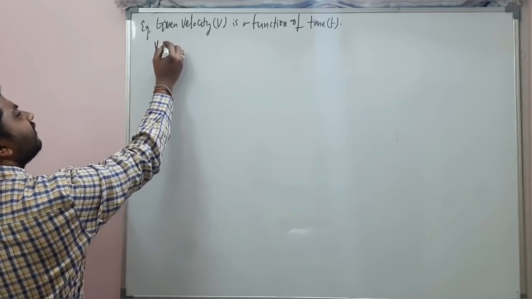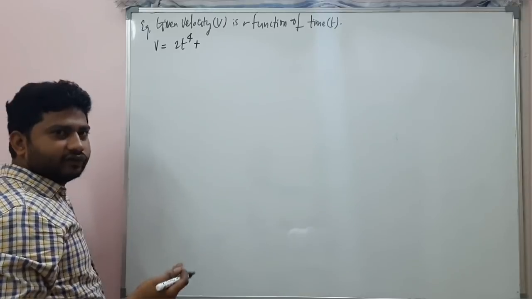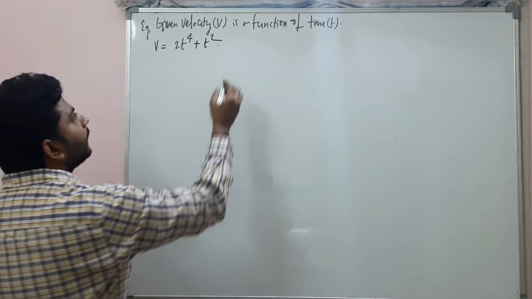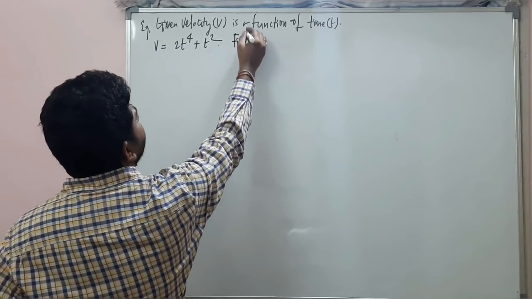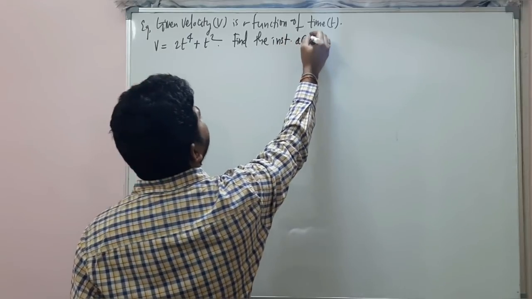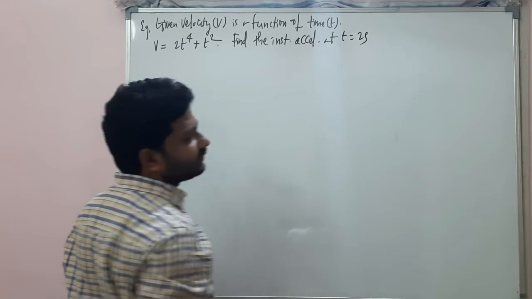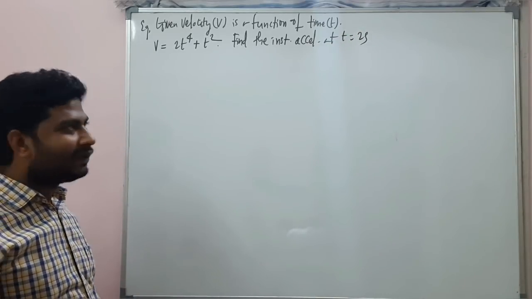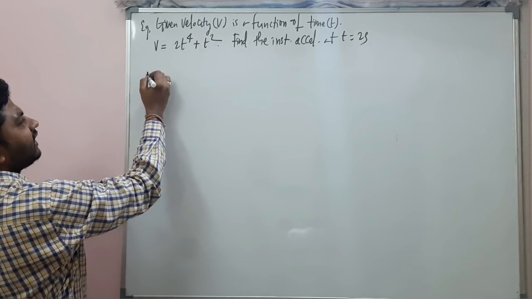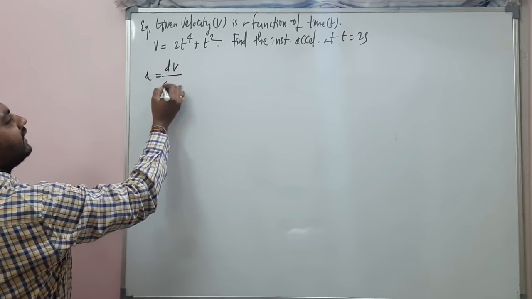The expression is given: v is equal to 2t^4 plus t^2. Find the instantaneous acceleration at t equal to 2 seconds. So simple. Let us see. We have instantaneous acceleration. Immediately you should recollect dv by dt.